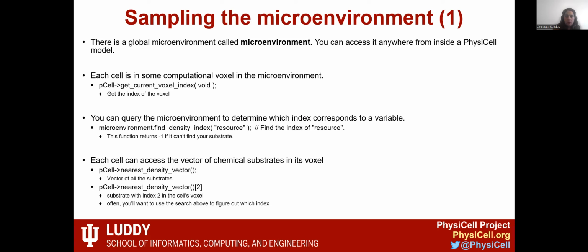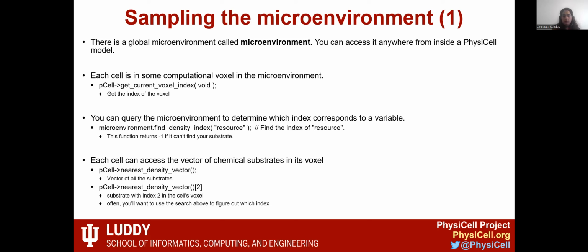And then we want to see, in that particular voxel, what are the chemical substrate concentrations or gradients there. For that, we have to get the nearest density vector. The nearest density vector will tell you the density vector of all substrates in the environment.